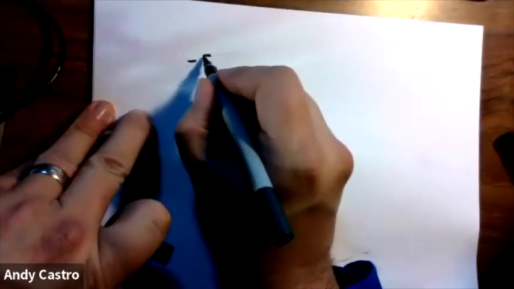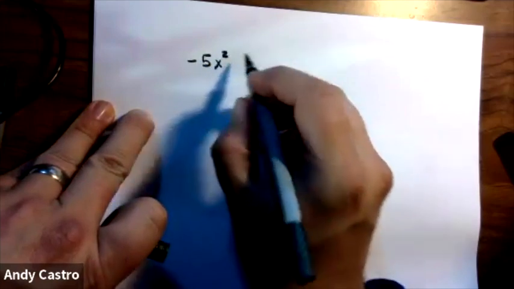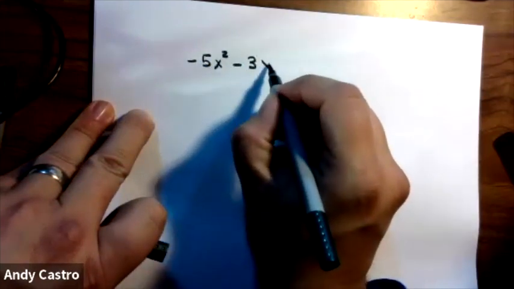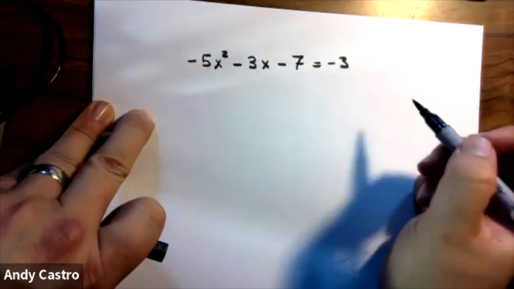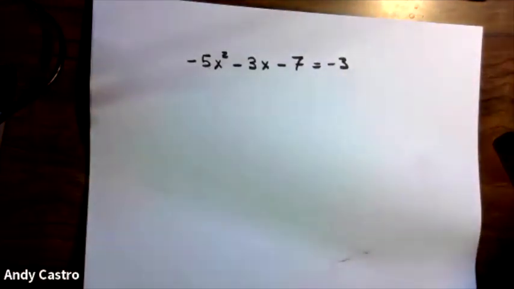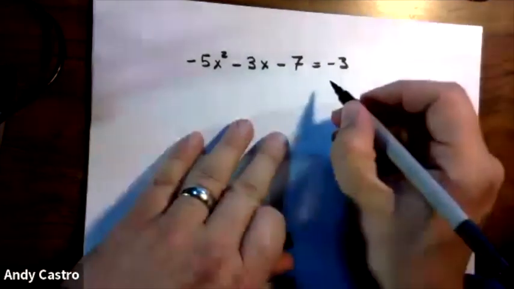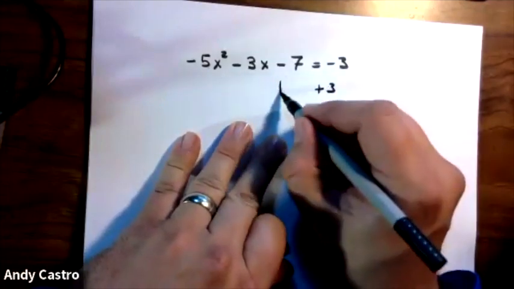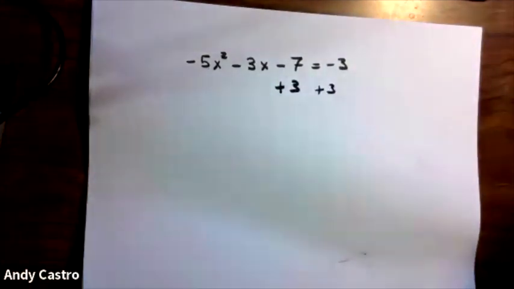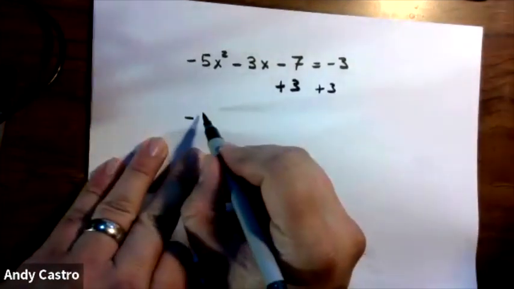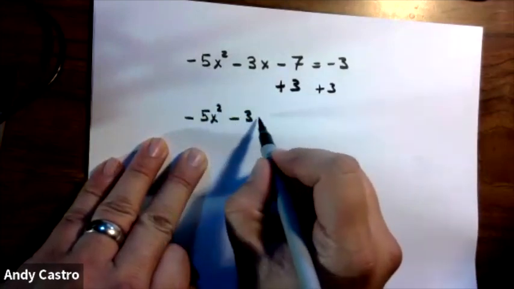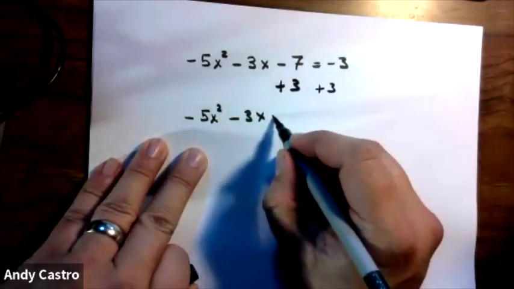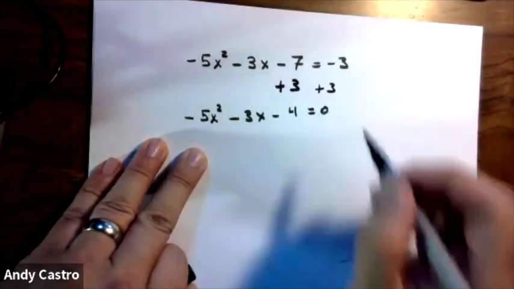Negative 5x squared minus 3x minus 7 is equal to negative 3. First things first, I'm going to add 3 to both sides. That effectively is going to give me negative 5x squared minus 3x minus 4 is equal to 0.